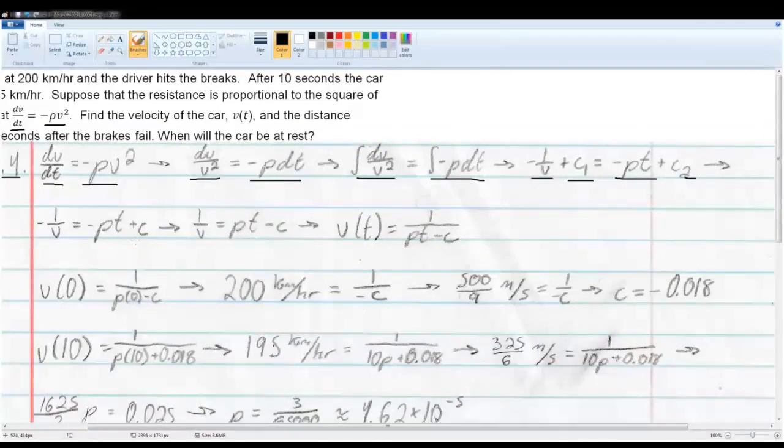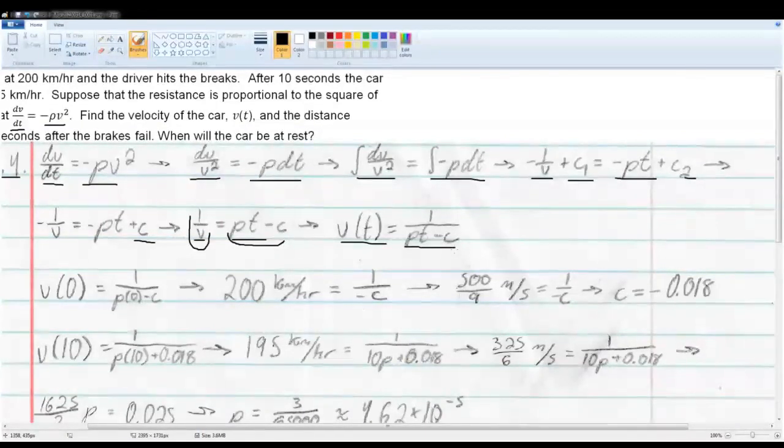We can merge the constants into 1 because they're just numbers. And I negated both sides. And then I just flipped them, because if we have the inverse of v, then we can invert the other side to get v back, and that equals the inverse of the other side. So velocity in terms of time equals 1 over rho t minus c.